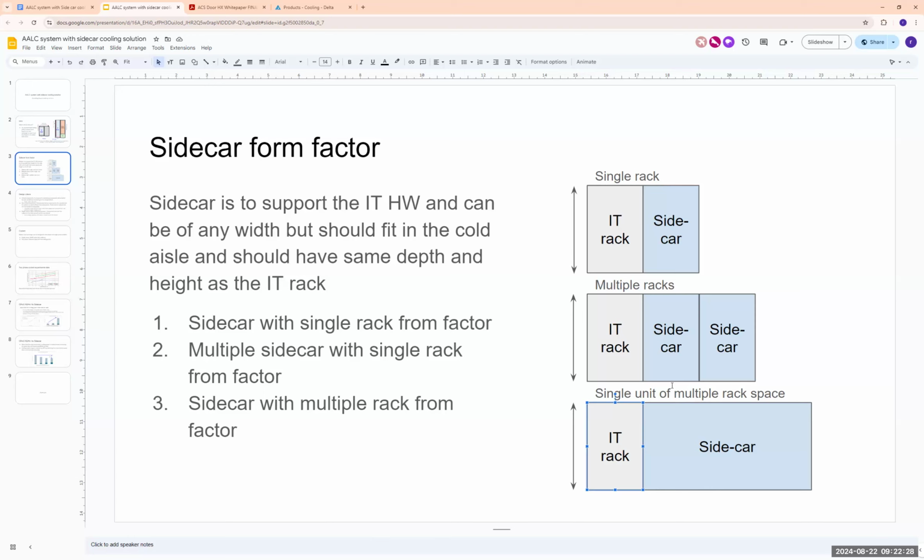If the physics makes sense, I just think once we define the form factor, we probably need a slide on the definition so that there's clarity between the sidecar, the RPU and the CDU.